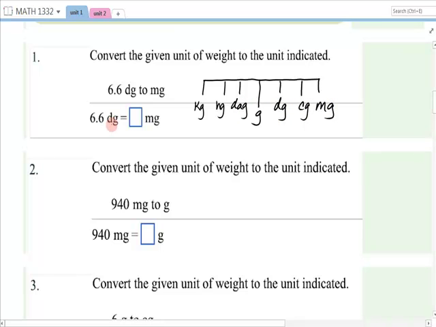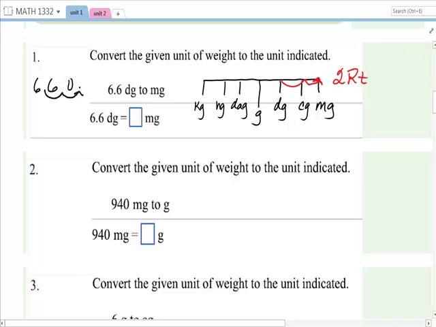All right. I'm supposed to start at decigrams and move to milligrams. Start at decigrams, move to milligrams, and I am stopping right here. So that is how many moves in which direction? 2 to the right. So I will pick up the decimal point in my given number, 6.6, and I will mimic that and move its decimal place 2 to the right, dropping it here.